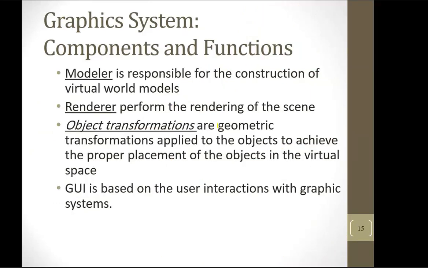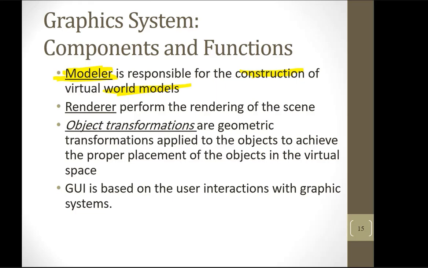So let's see now some components and some functions. First of all, the modeler. The modeler is the tool that is responsible for the construction of the virtual world model. Here we are making the modeling. The modeling technique means that after designing, we have to create the model of the different options.